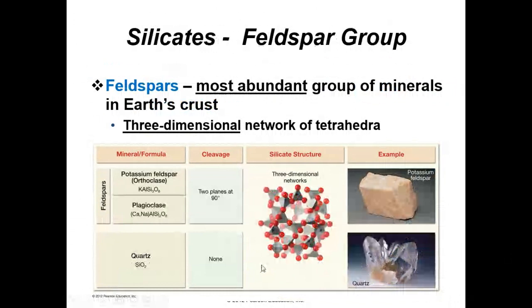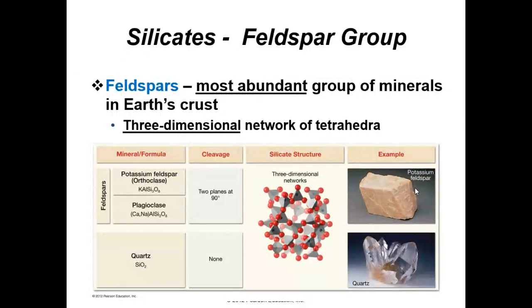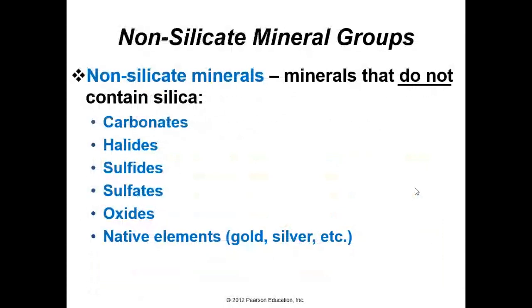Feldspars, again with that 3D network, have two cleavage planes at 90 degrees in this instance. It doesn't look like it with this specific picture, but they are, because of the way the picture is angled. The feldspar group of silicates is the most abundant group of minerals in Earth's crust. Hence, granite is probably the most prominent rock that you'll find on Earth.